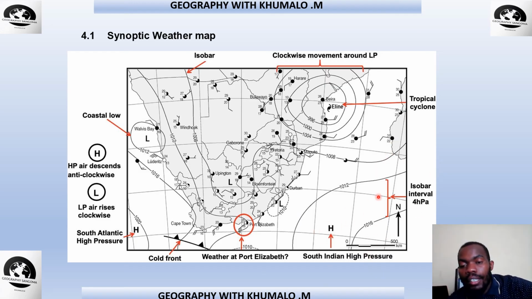That one is the distance between one isobar and the other isobar. So the difference between these two isobars is known as an isobaric interval. And that line, we call it an isobar, a line joining places of equal pressure on a synoptic weather map. And then that is the symbol of a tropical cyclone, clockwise movement of the low pressure, and we know our isobars that we've talked about.